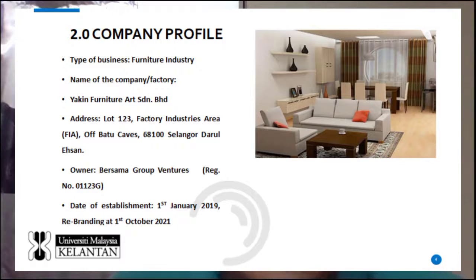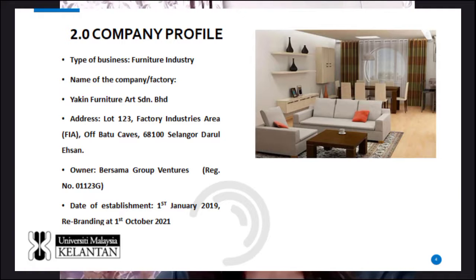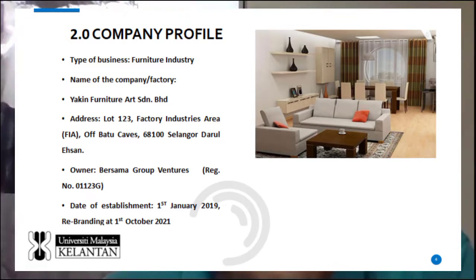For the company profile, we are presenting for the furniture industry. This company has prior experience and is located at Lot 1 to 3, Factory Industries Area, FIA, of Batu Caves, Selangor Darul Ehsan. The owner of this group, we are grouping under the name Bersama Group Ventures.